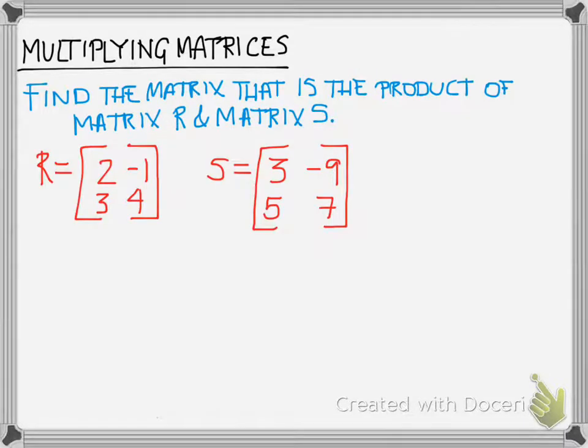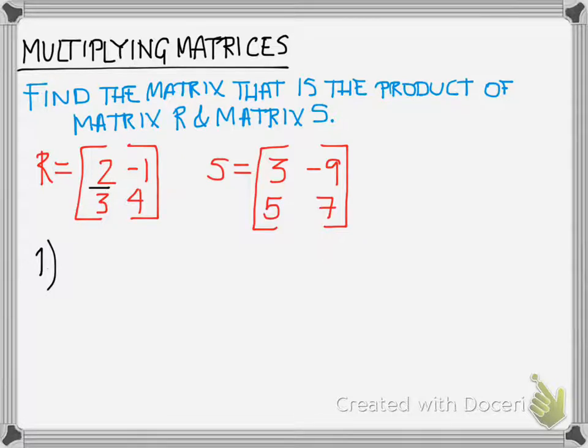So for an example, we're going to find the matrix that is the product of matrix R and matrix S. We'll break it down into steps. Step 1, we need to find the number in the first row, first column of R, which is this 2.